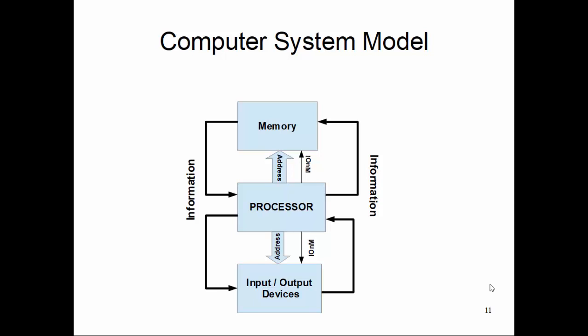Now, why was this IONM signal introduced separately from the address? Why is it not a part of the address itself? For example, instead of assigning both your disk drive and display the address 55, why don't we just assign 55 to the disk drive and 56 to the display?